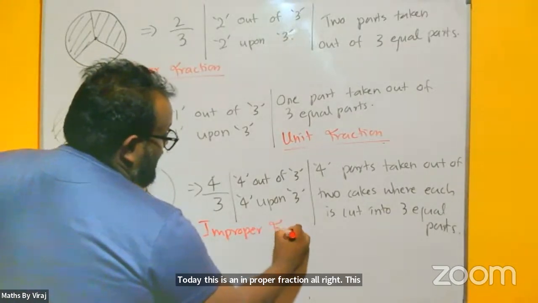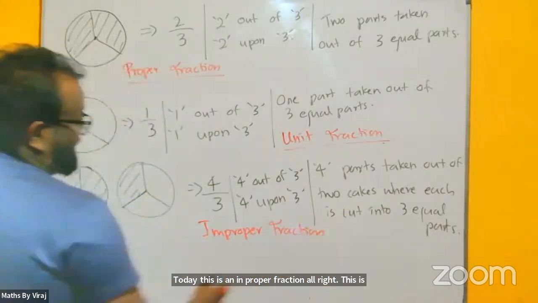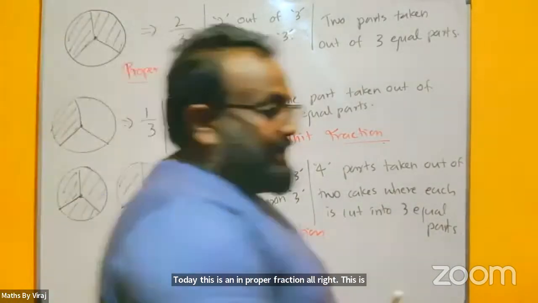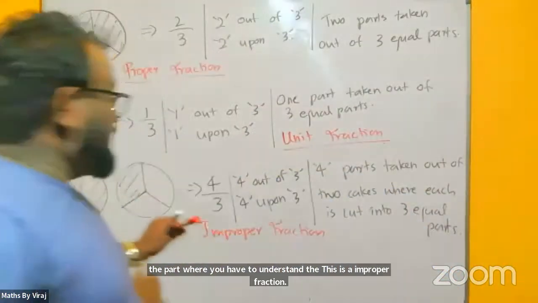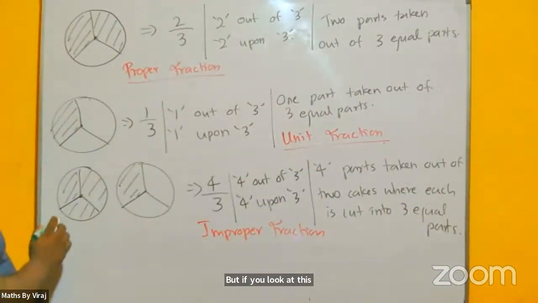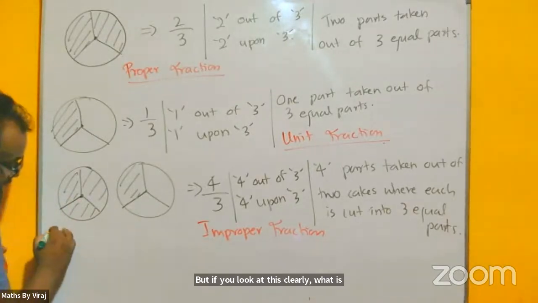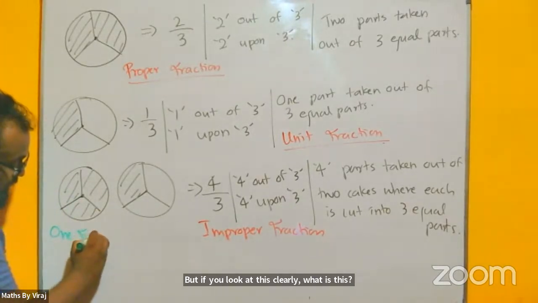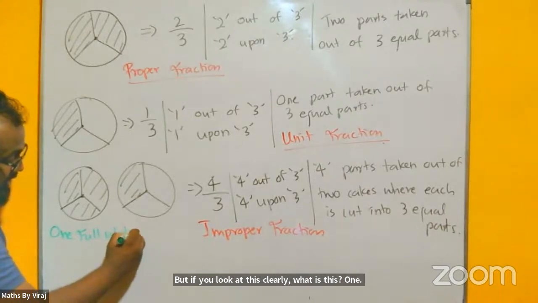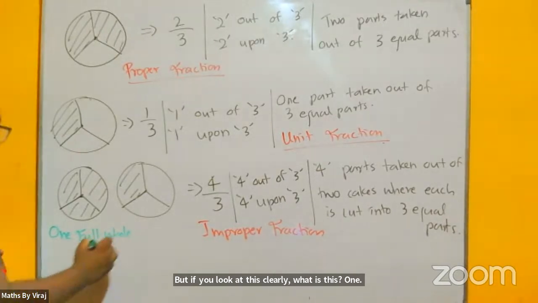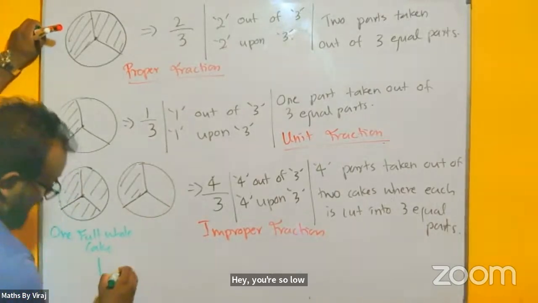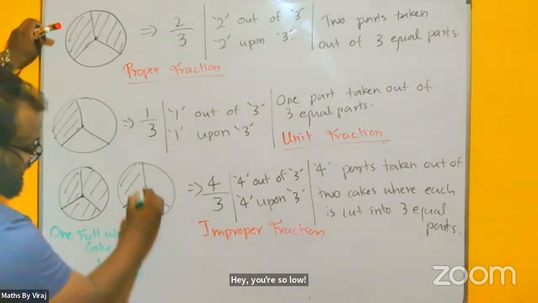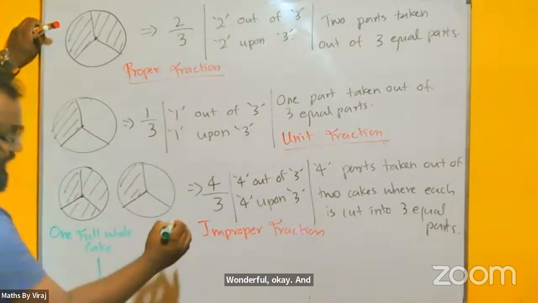This is the part where you have to understand this clearly. This is an improper fraction. But if you look at this clearly, what is this? One full whole cake. Yes or no? And 1 upon 3.